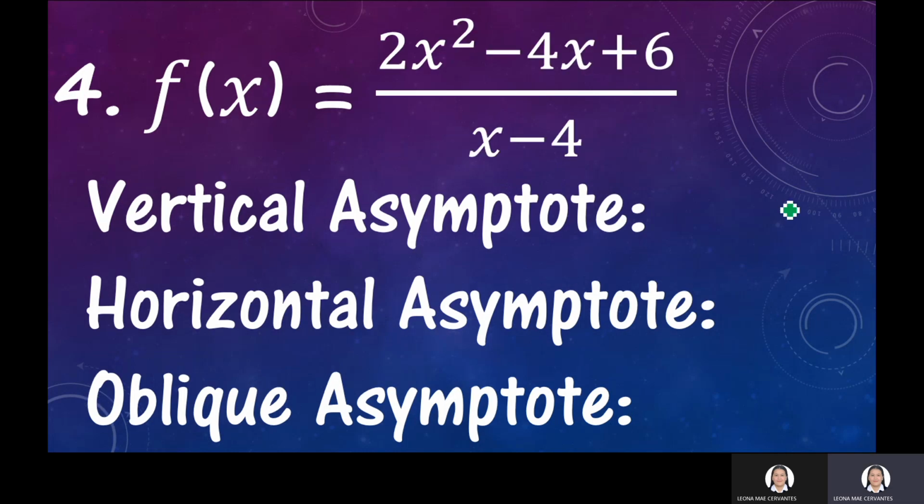Next, number 4, f of x is equal to 2x squared minus 4x plus 6 over x minus 4. Find the vertical asymptote, horizontal asymptote, and oblique asymptote.